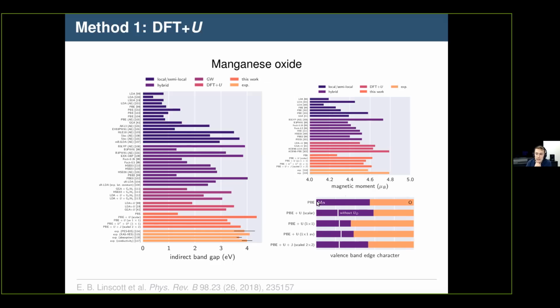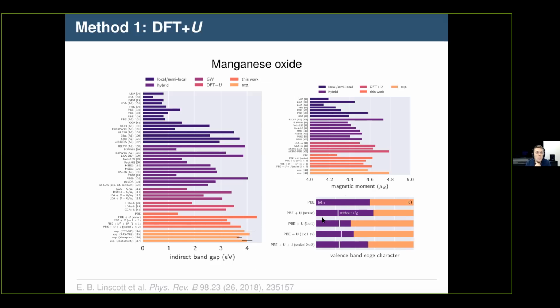And what we find is that we already get a good mix with PBE, but if we apply a DFT+U calculation, and I'm just focusing on these white lines here, this is what we get if we apply a plus U correction to the manganese sites only.